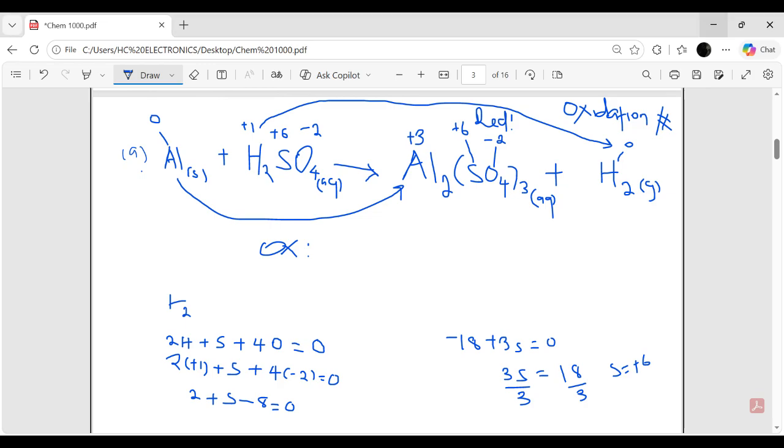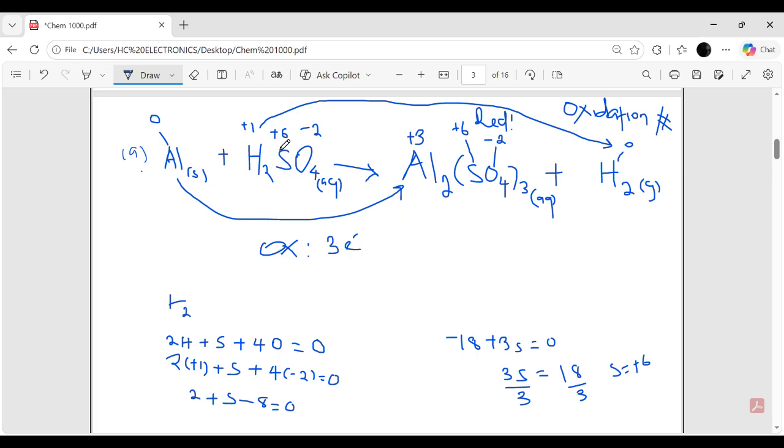Okay, wonderful. So on the reduction and oxidation, for oxidation, how many electrons have been lost? You can check on oxidation. Here it was 0, then it has become +3, meaning it has lost 3 electrons, because oxidation is the loss of electrons.